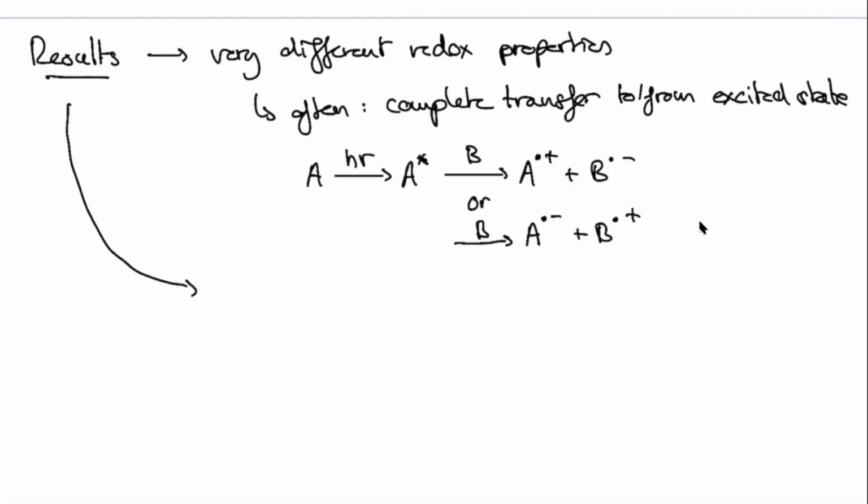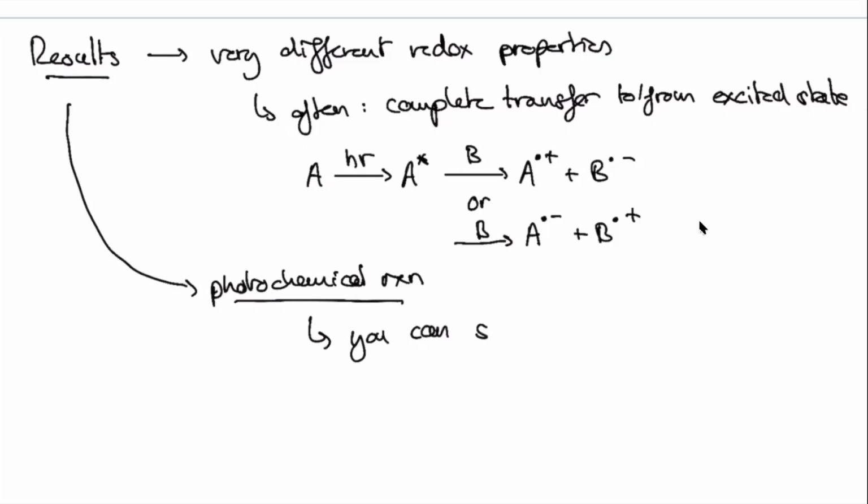Another interesting result of photochemical reactions is that you can selectively excite just one molecule. So let's say you have a reaction, and with light you can hit a molecule and, for example, not hit the solvent or anything else.